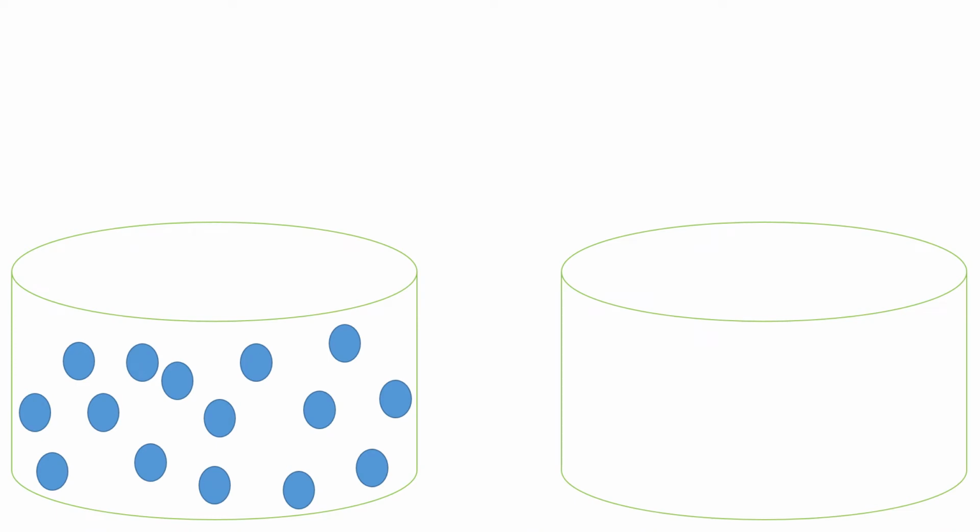Children, let's revise the activity which we did just now. Here we have a bowl in which we have 15 beads. Okay, from here let's take away 1, 2, 3 and 4 beads. Now tell me children, when we do subtraction, do we count forwards or backwards?